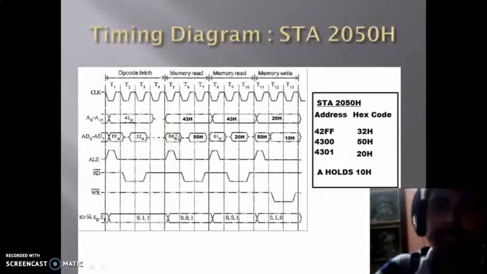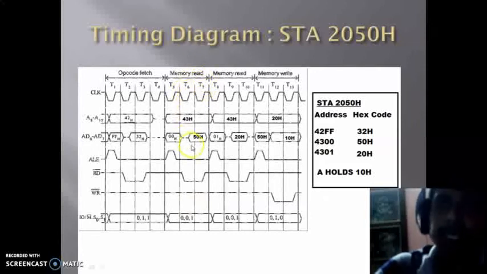ALE at this time is high so the bus behaves like a lower order address bus, and no read or write operation is going on, so those remain high. The status signals IO/M bar, S1, S0 equal 001, as it is a memory read operation.